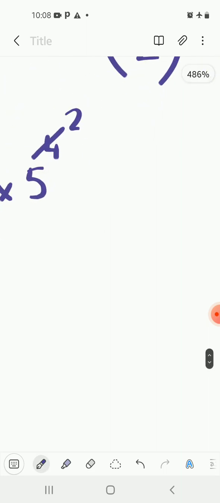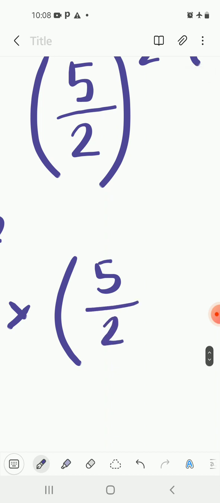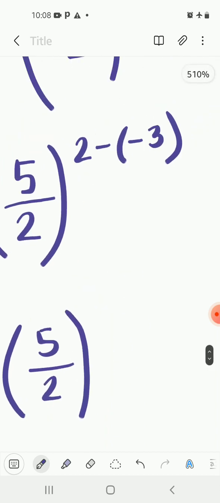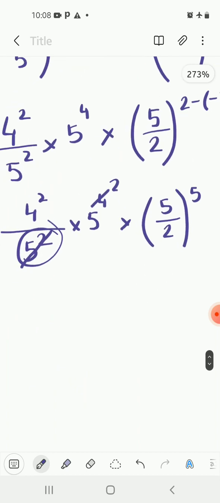Now, this part of the question remains the same, that is 5 by 2. Now, what is the power? 2 minus into minus becomes plus. So, 2 plus 3, it is 5. Now, we have got this.